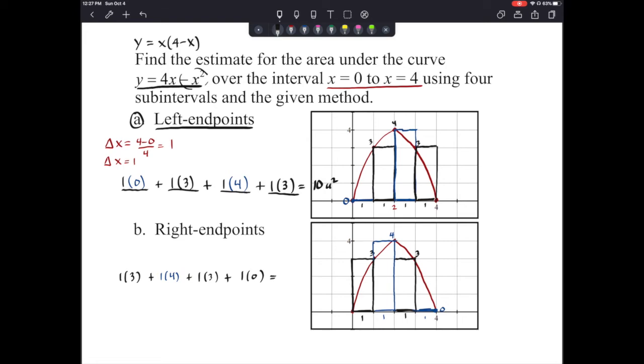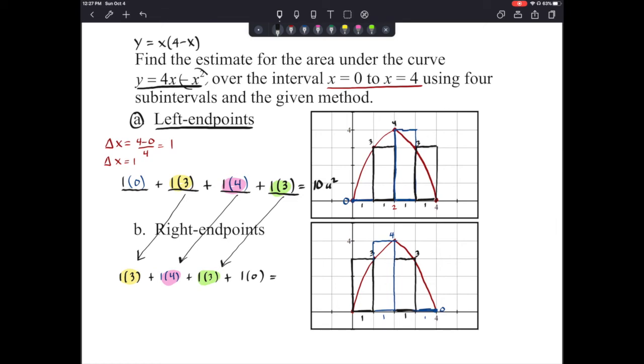And the part I'd like for you to see here is, let's use a highlighter, right? Notice we have some similarities. Those ones appear. This one appears again in that same order between them as we're going across. Okay, now you'll see the 1 times 0 also appears in both of them there, but what I want you to see here is there are some similarities between our left and right endpoints.